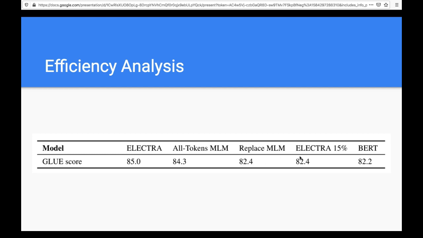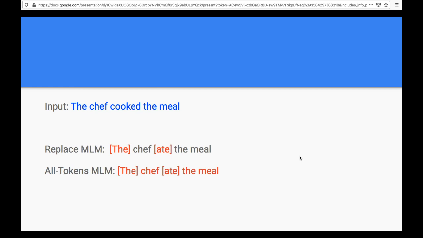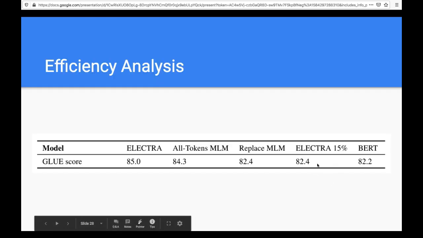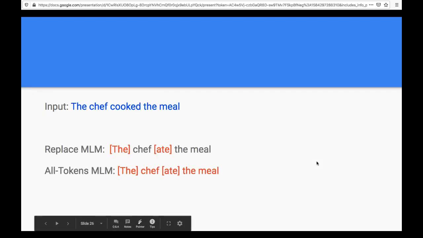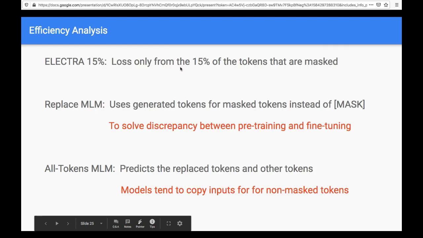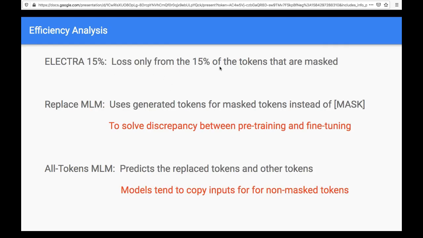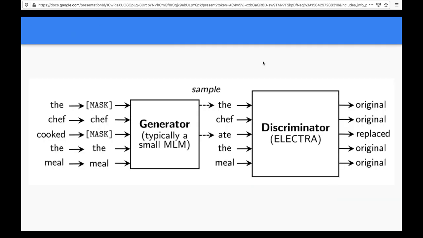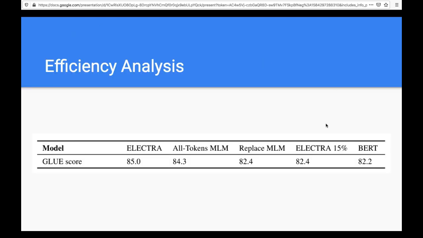And if you only predict 15% of the whole tokens, basically you only sum up your loss function over those 15% tokens, then your performance is also low. So the conclusion is actually the gain comes from predicting all the tokens.